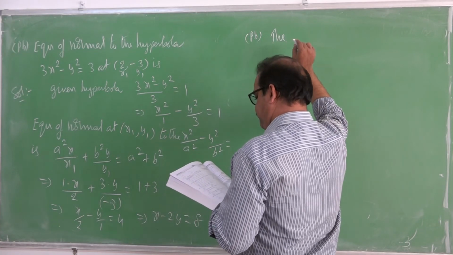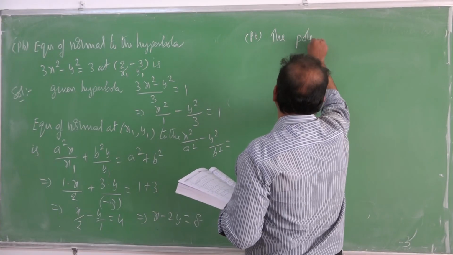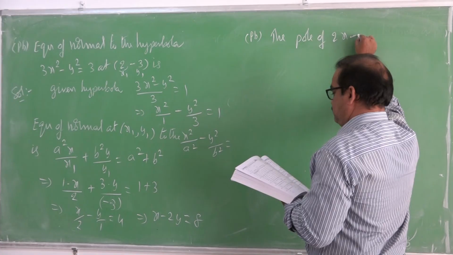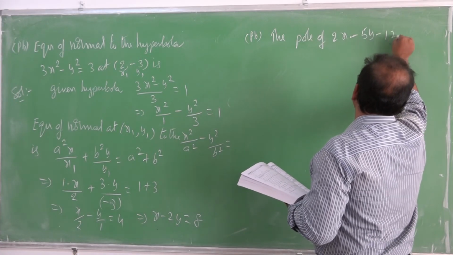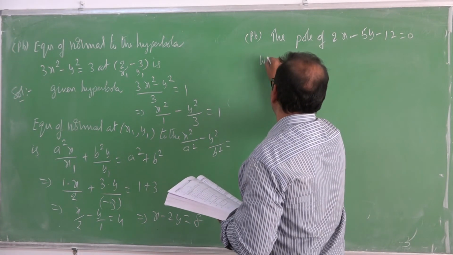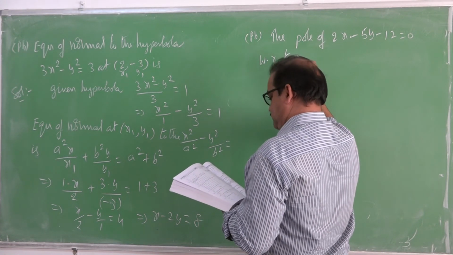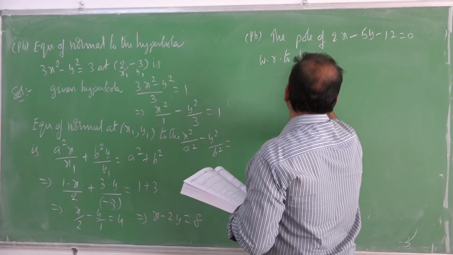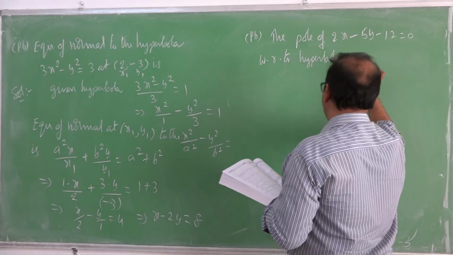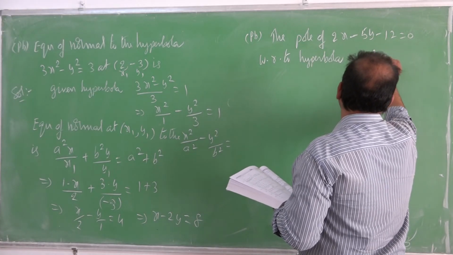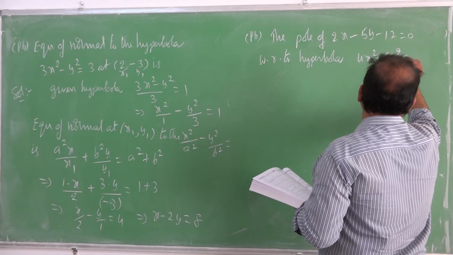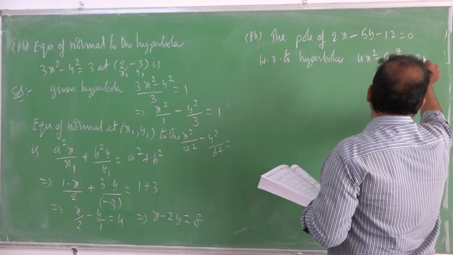The pole of the line 2x minus 5y minus 12 is equal to 0 with respect to the hyperbola 4x square minus 5y square is equal to 24 is.